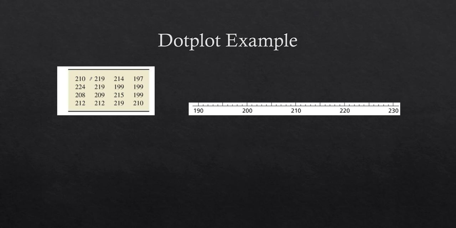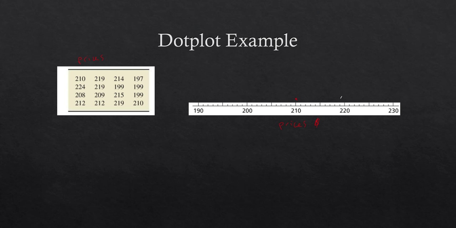These are going to be prices of DVD players. So we would label our horizontal axis with prices. These are prices. It's supposed to be a dollar sign. Bear with me. Alright, so what we're going to do, at 210, we're going to place a dot.